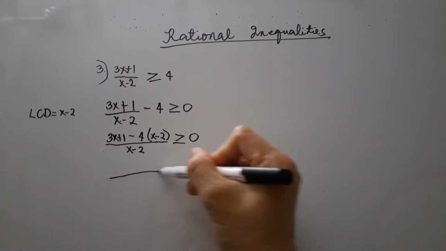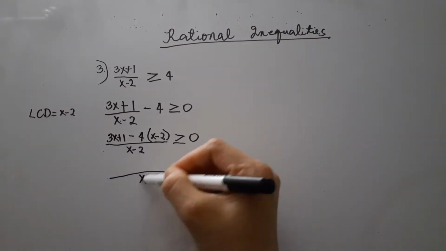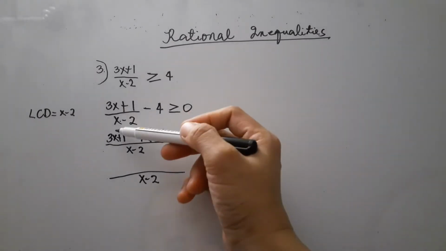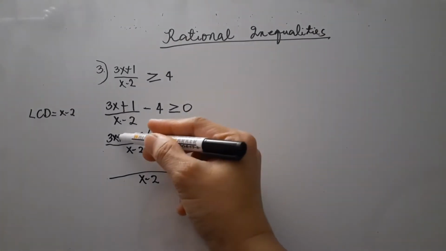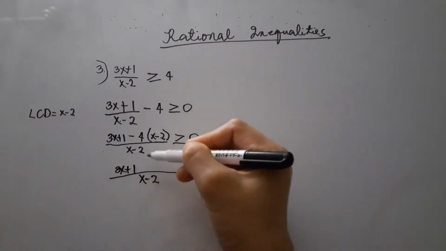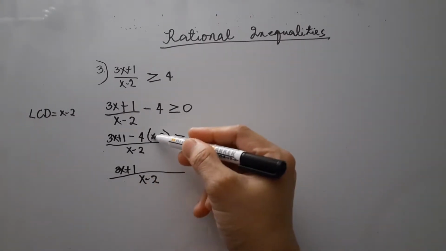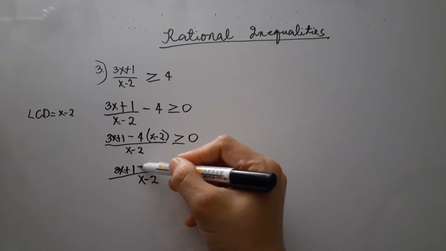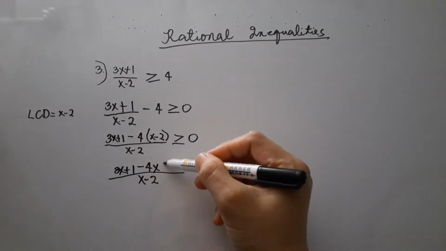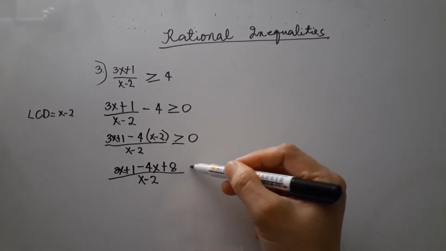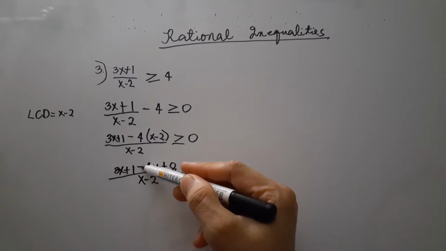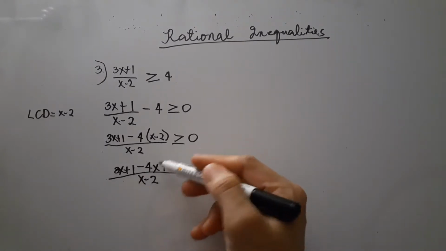We copy first 3x + 1. Then negative 4 times x is negative 4x. Then negative 4 times negative 2 is positive 8, greater than or equal to 0.